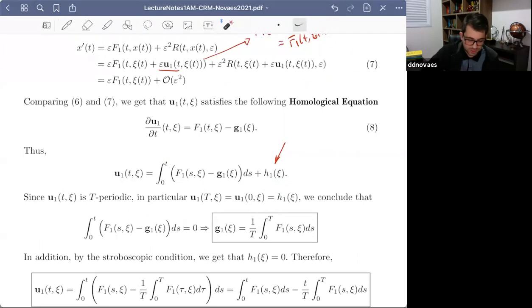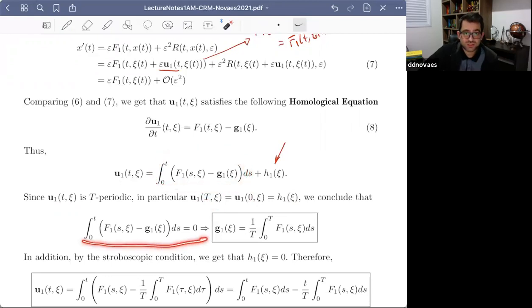Since the transformation is t-periodic, in particular we have u1(t) equal to u1(0) equal to h1(c). We conclude that the integral of this difference has to be 0, just substituting here.